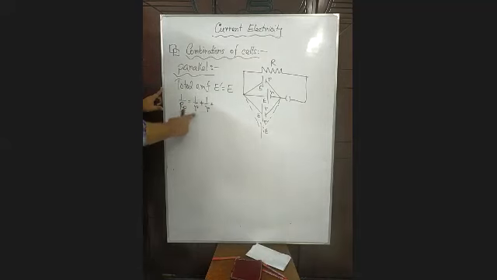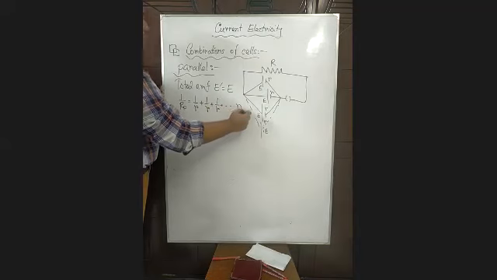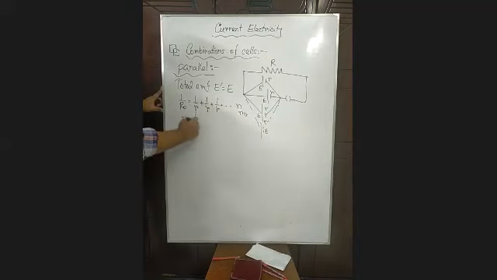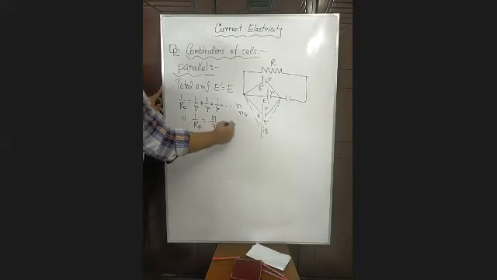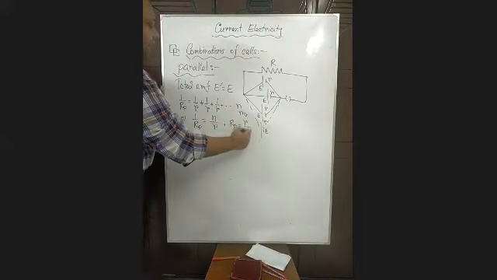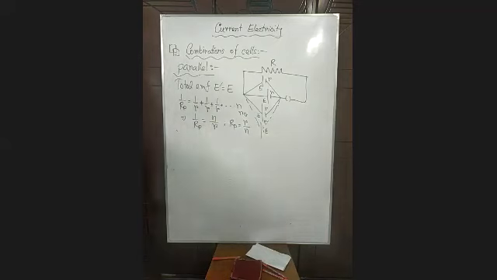It's 1 by R1 plus 1 by R2 plus 1 by R3, just like n number of cells. So you can say 1 by Rp as n by R, or finally Rp can be said as R by n. So this is the internal resistance for this combination. And the total EMF also we have got as E bar as E.